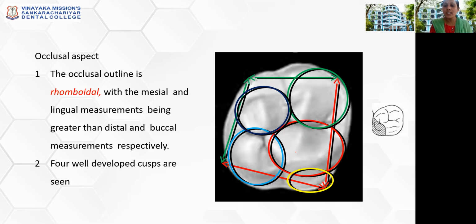Among the four well-developed cusps, the mesiolingual cusp is the largest, followed by the mesiobuccal cusp, then the distobuccal, and then the distolingual cusp. So both the largest and the smallest cusp lie on the lingual surface: the mesiolingual is the largest and the distolingual is the smallest cusp.